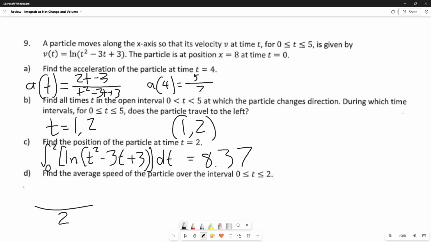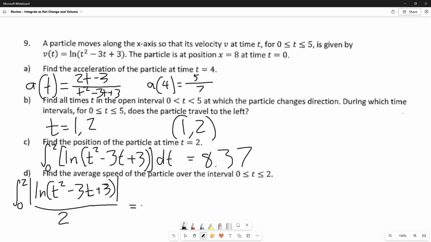But the distance is going to be a little bit different. It's still going to be the integral from 0 to 2, and the function of the velocity is still the same, but we're going to have absolute value signs around the velocity, because instead of taking the velocity, we're taking the speed, and the speed is just the absolute value of velocity, I think, because it's scalar, not vector.